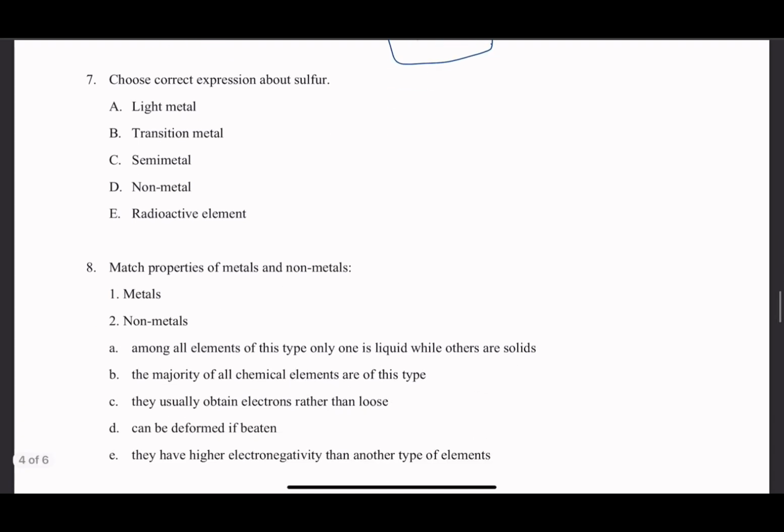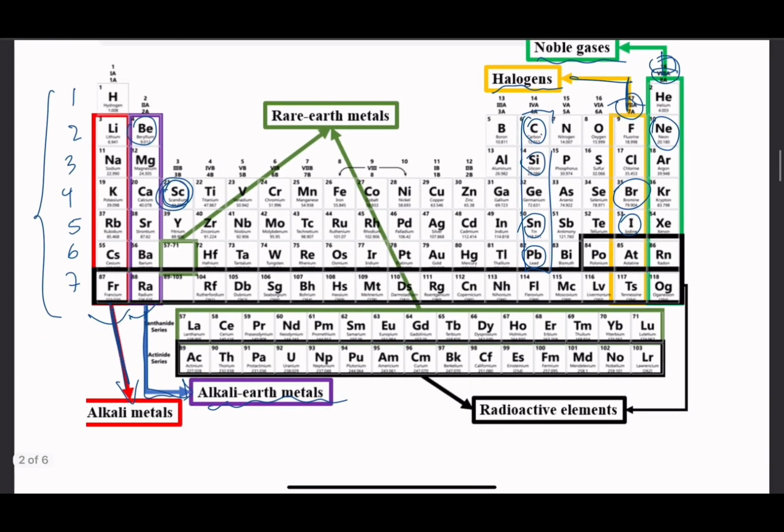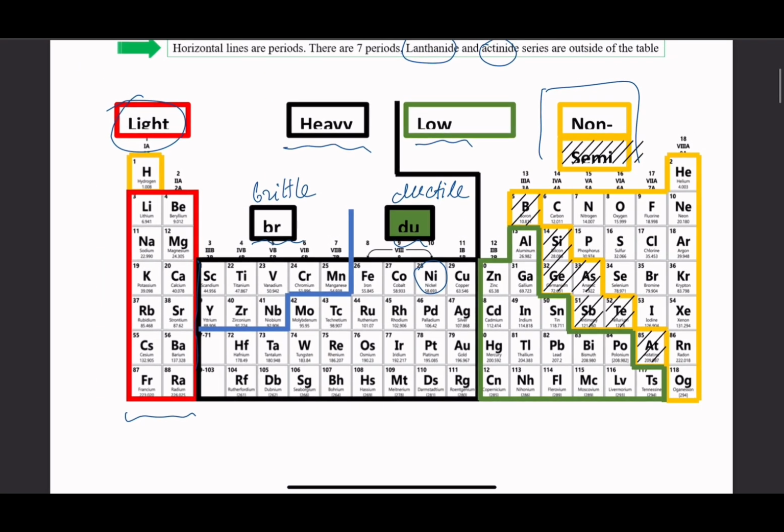Okay. Choose the correct expression for the 7th question about sulfur. Sulfur is a light metal, transition metal, semi-metal, non-metal, or radioactive element? If you look into the periodic table, we have this differentiation, which is one of the important ones.